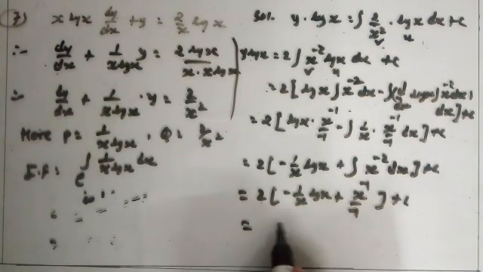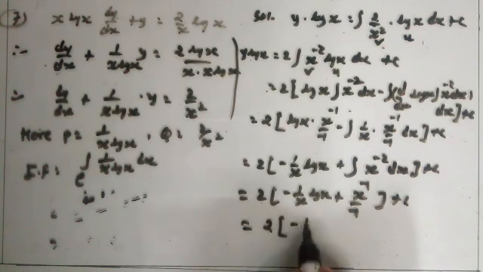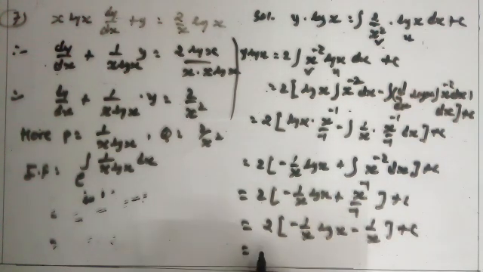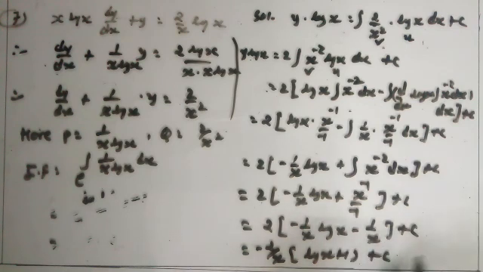So it is equal to 2 into minus 1 upon x log x minus 1 upon x, plus c. So it is equal to, taking minus 2 upon x common, we get minus 2 upon x into bracket log x plus 1, plus c. Clear?